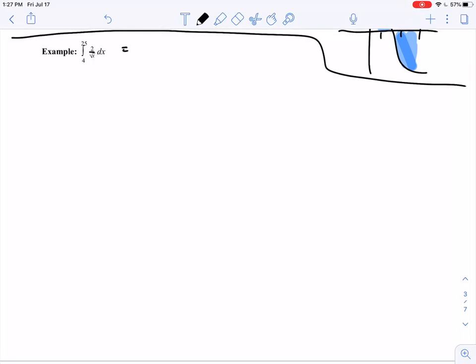So let's rewrite this as the definite integral from 4 to 25 of 2 over x to the 1/2 power dx. And then I know I'm going to want to bump that x that's in the denominator up to the numerator. So this is the integral from 4 to 25 of 2x to the negative 1/2 dx.